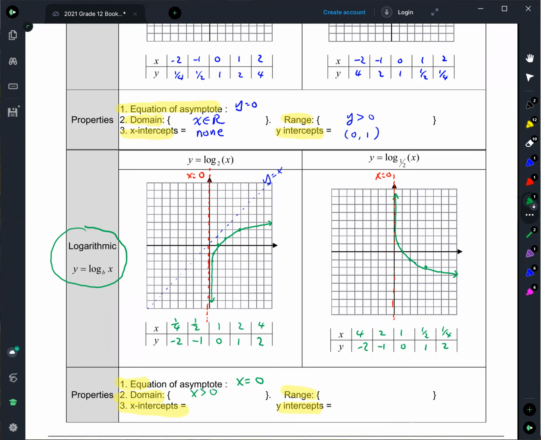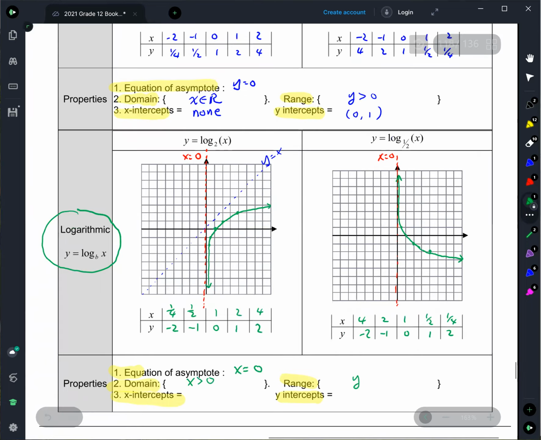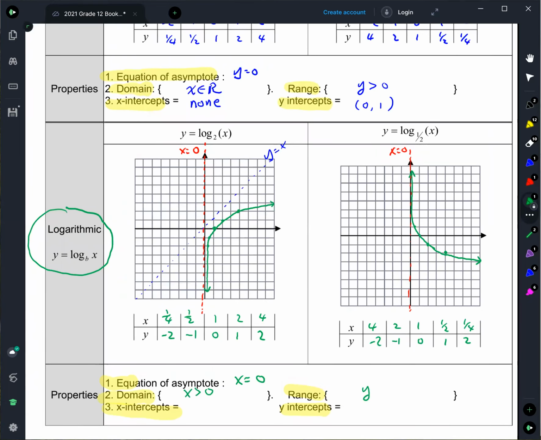And then the range, what's the range, Marcus? Is it y less than 2? Where did you get the 2 from? You look at the shape of the graph. If you extend it, does it keep on going up? Yeah.